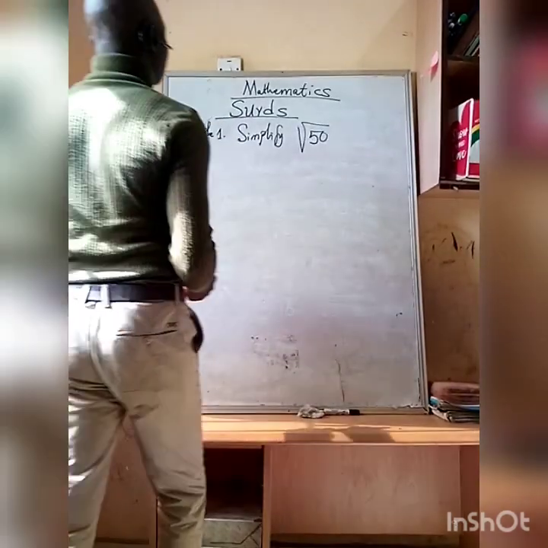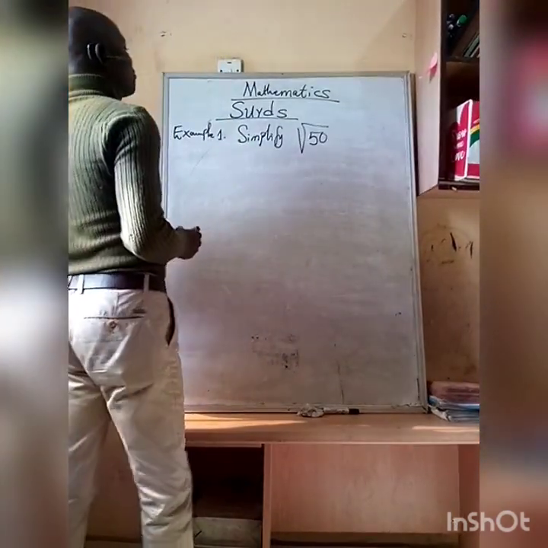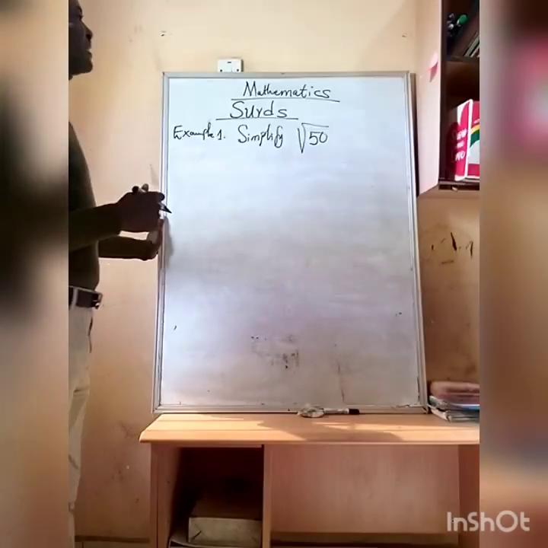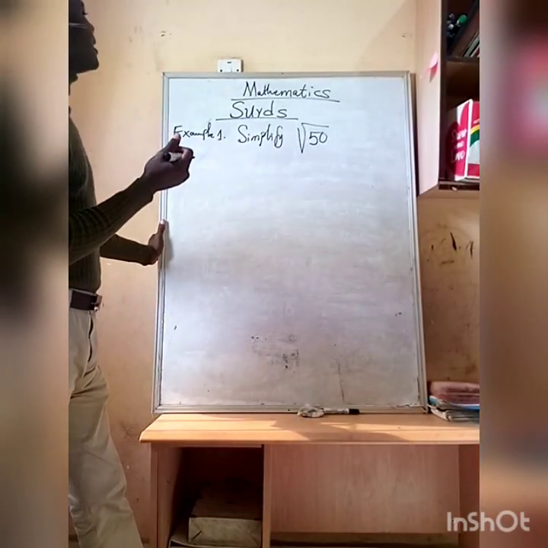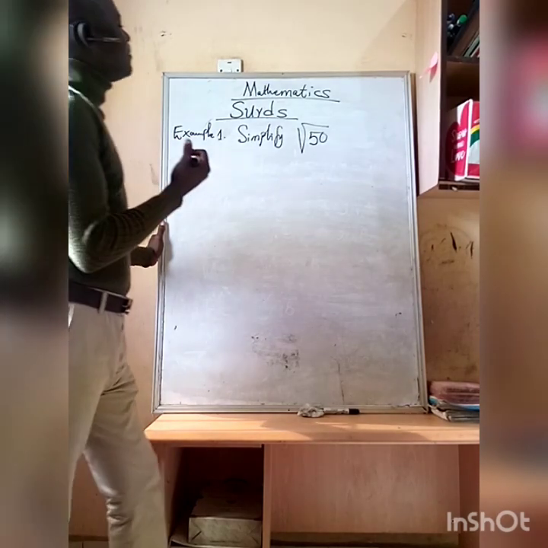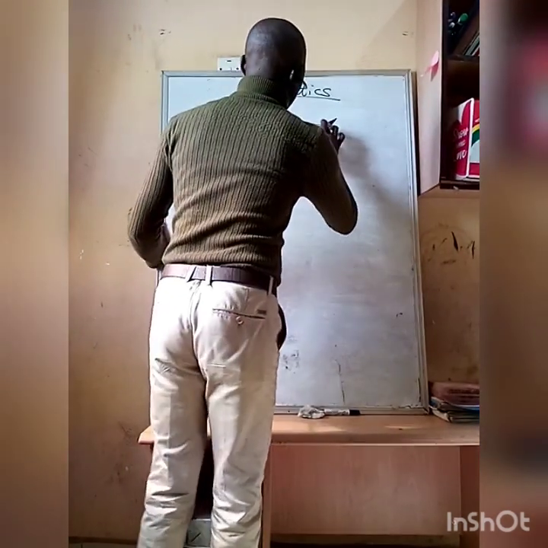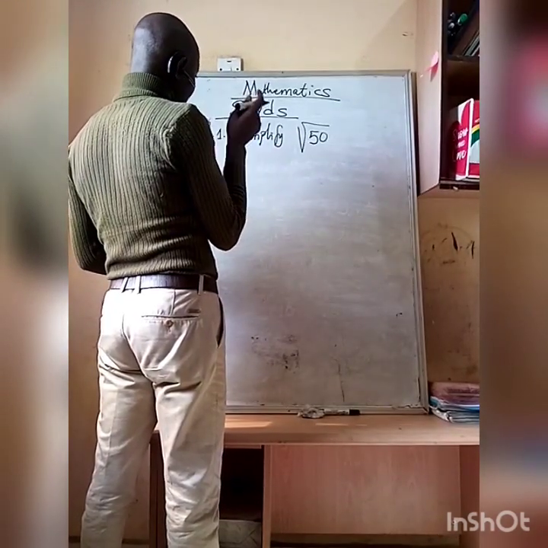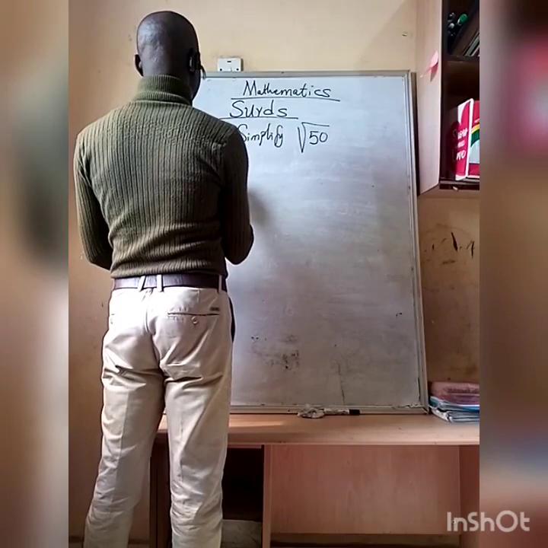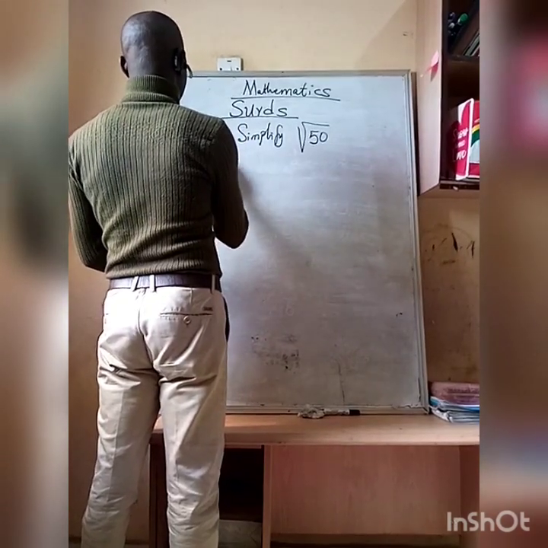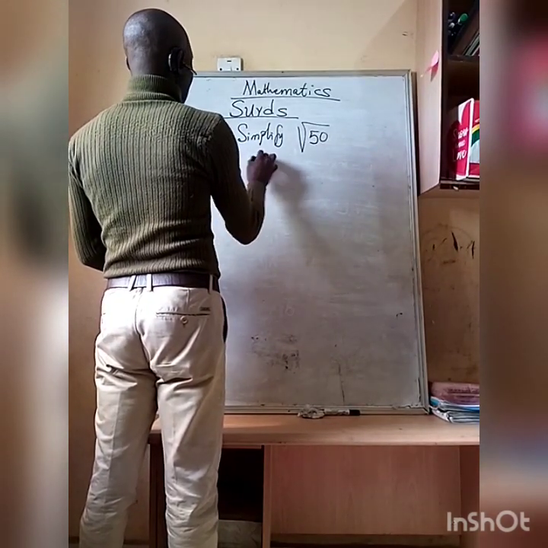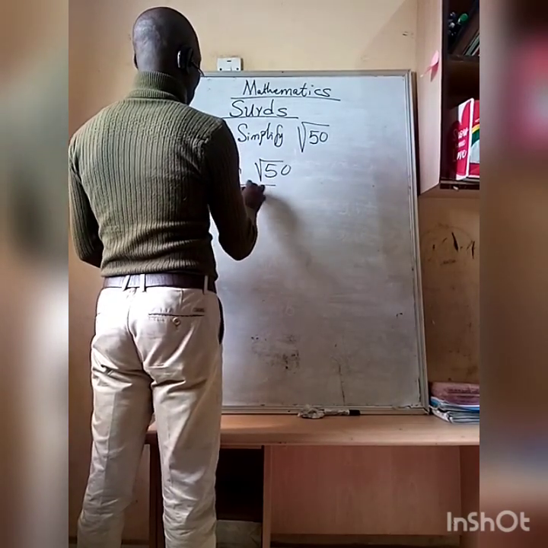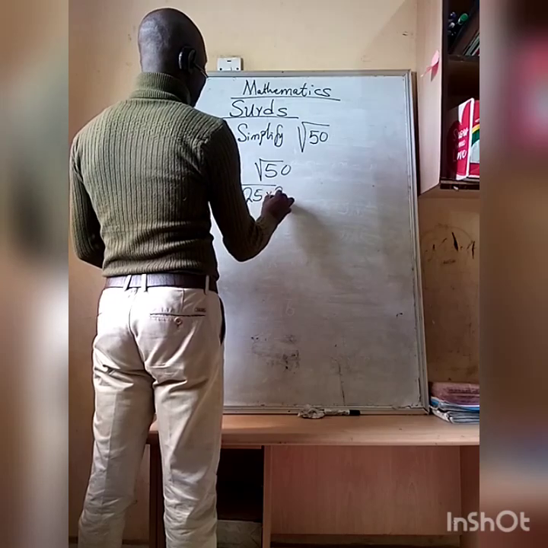So, when given something like this, the first thing to look out for is that the number under consideration will be expressed as a product of its factors. Now it depends on how familiar one is with multiplication of numbers greater than 12 that everyone is familiar with. So if I'm given something like this, it implies root 25 times 2.